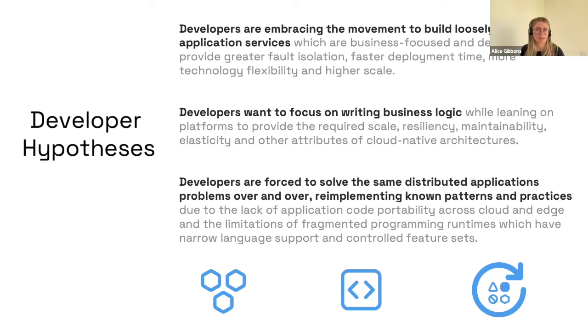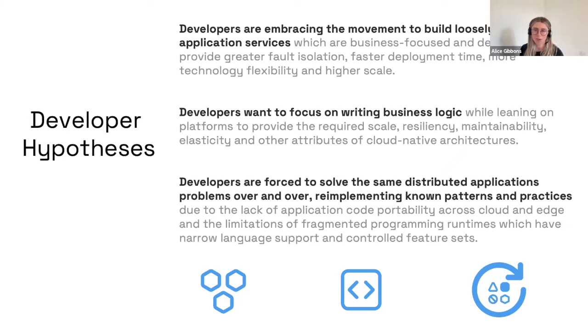Last but not least, developers are forced to solve these same distributed application problems over and over, often re-implementing the same known patterns and practices, maybe in different languages or different runtimes, because that portability across cloud and edge just doesn't exist.